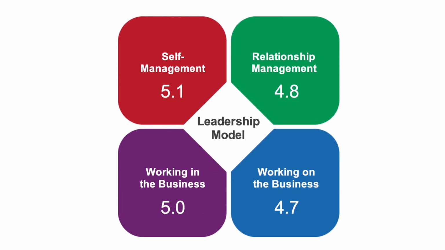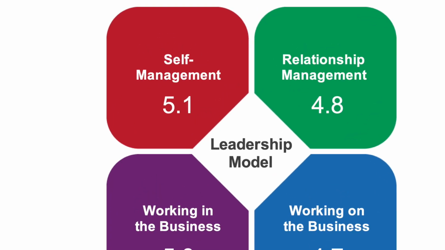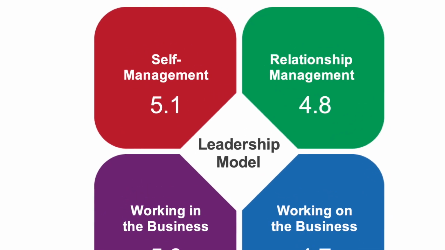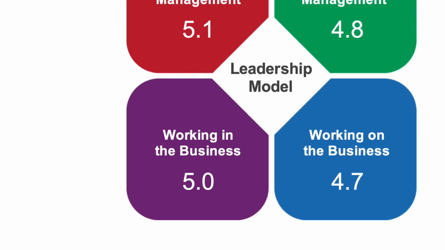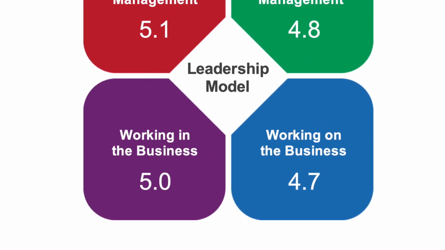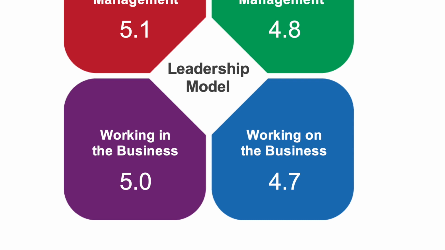On the next page, page 6, we look at the model itself. I'm not going to go into detail about that for this purpose, but we see how the total numbers are reflected against the global benchmark. Self-management came in at 5.1, relationship management came in at 4.8, working in the business came in at 5, and working on the business came in at 4.7.